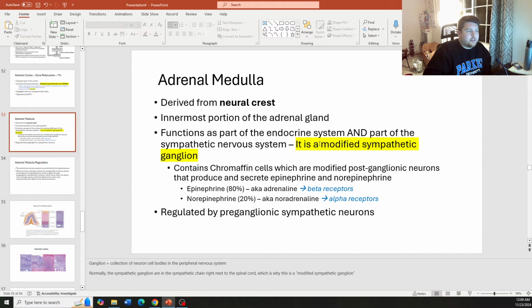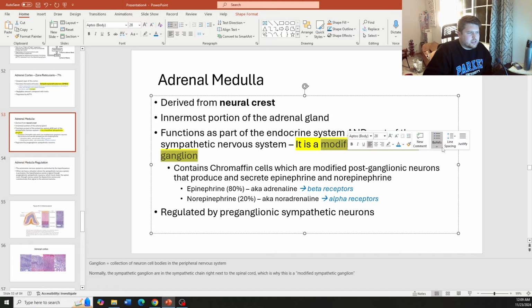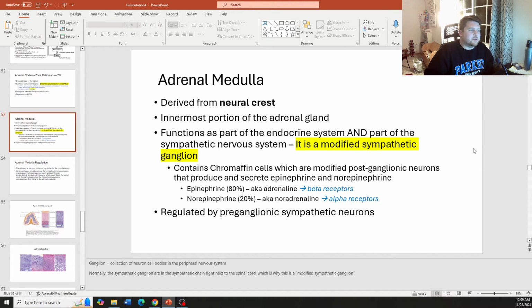If we remember, think back, I know that we talked about this at one point, but the sympathetic nervous system, part of that autonomic nervous system, ganglions are a collection of neuron cell bodies located in the peripheral nervous system. So with the sympathetic nervous system, we have what's called a sympathetic chain, which runs throughout kind of the lower cervical through the thoracic spine.